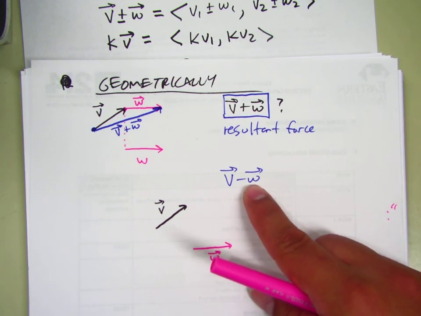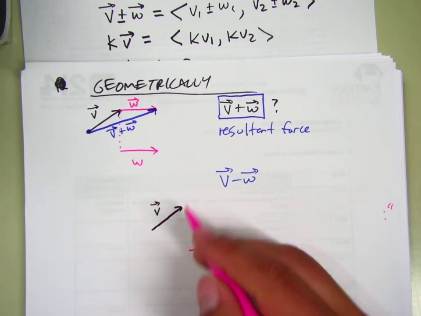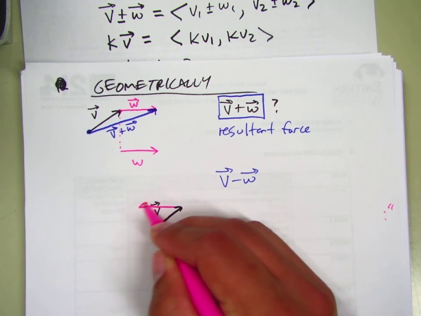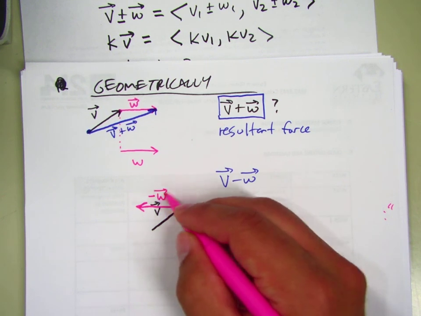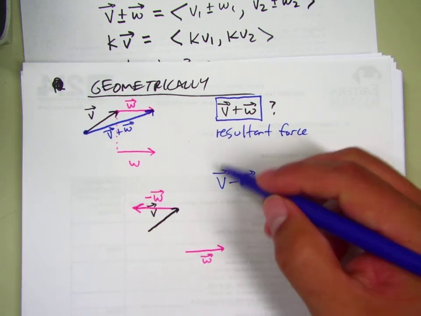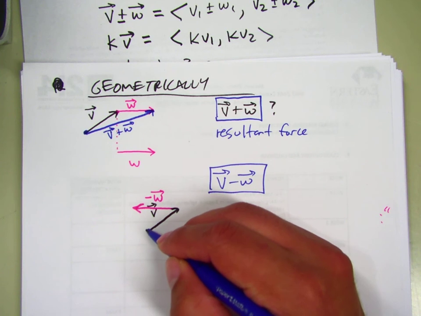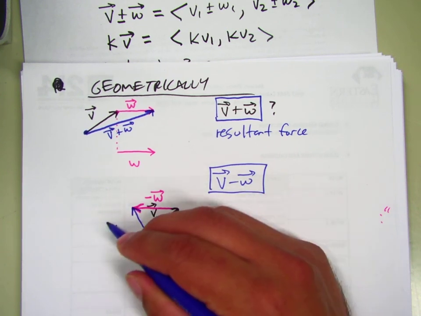Does that make sense? Just like normal numbers. So when I slide and connect to V, rather than going the same direction, we're just going to reverse it. And now this is negative W. And so V minus W would be same thing from initial point to the end of minus W. Okay.